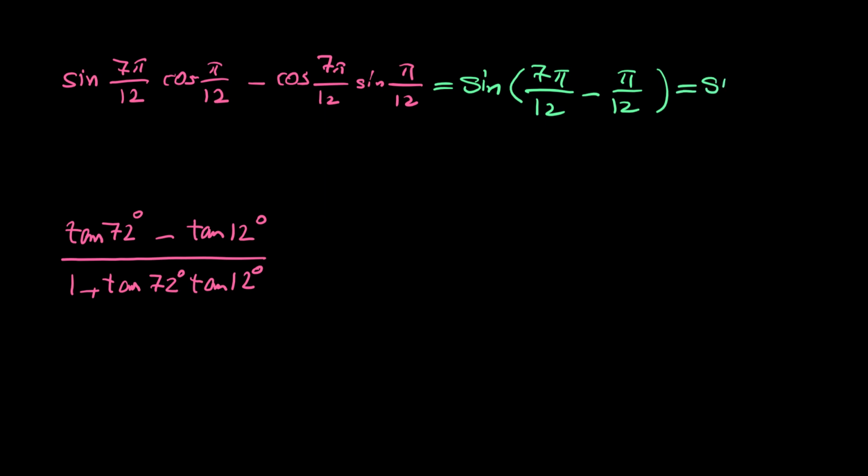So this equals sine of 6 pi over 12. But 6 over 12 simplifies, we have a 1 here, a 2 here, so we have sine of pi over 2. 6 pi over 12 is pi over 2. But what is sine of 90 degrees or pi over 2? Sine of pi over 2 is 1.